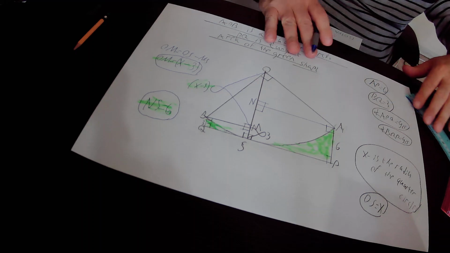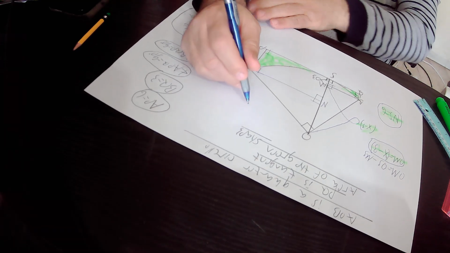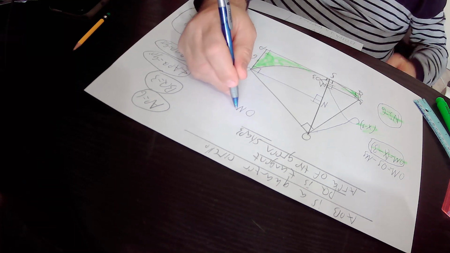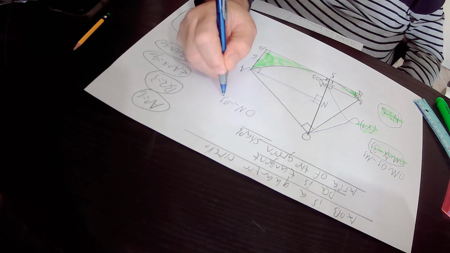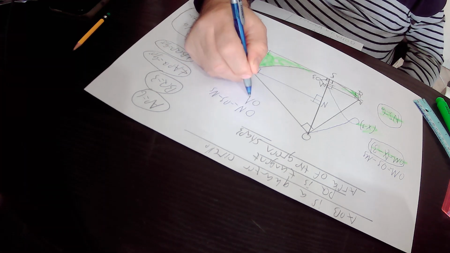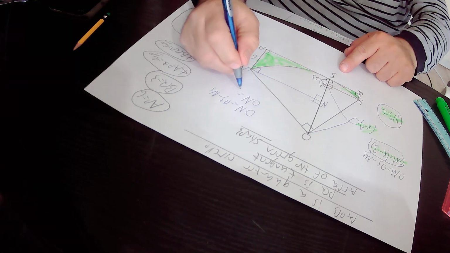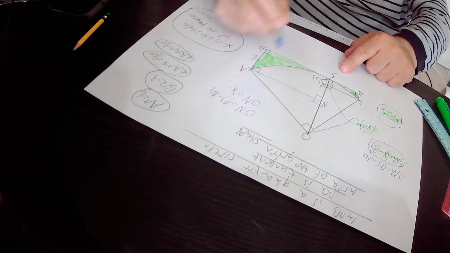So I write it down: ON equals OS minus NS. ON equals OS, that is the radius of the quarter circle, which is equal to X, minus NS.